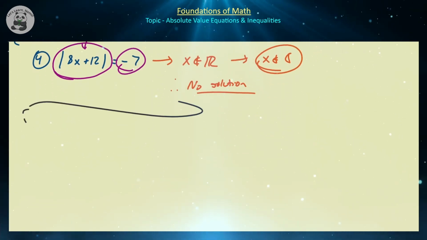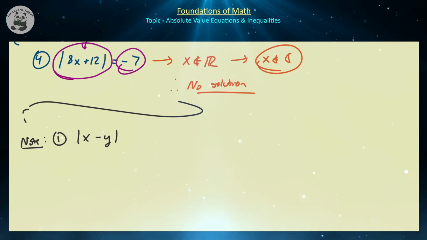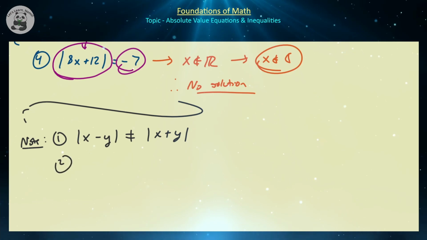Also, a couple little identities that you should keep in mind when you're doing some absolute value equations. The first one is that the absolute value of x minus y is generally not equal to the absolute value of x plus y.